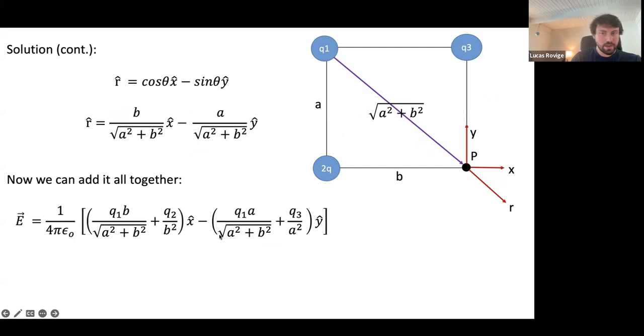So if you have some time, try to redo this one at home just to get familiar with this method: with a few specific charges, summing all the contributions, taking into account the direction of the force.